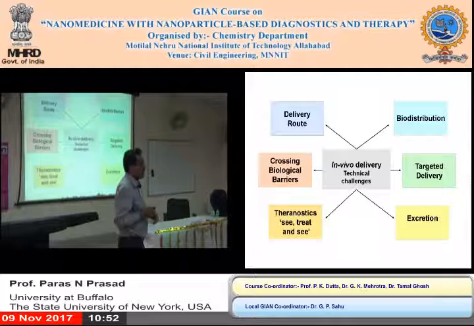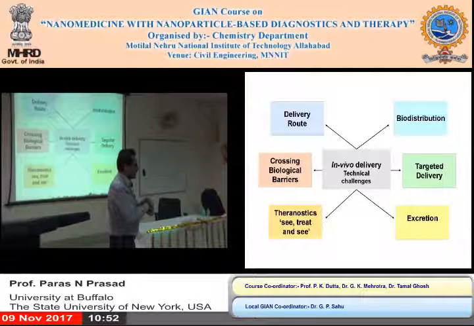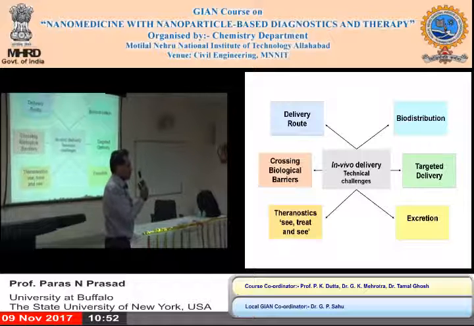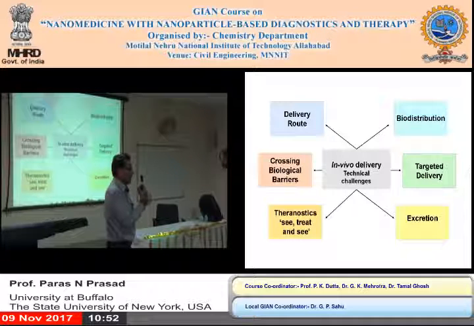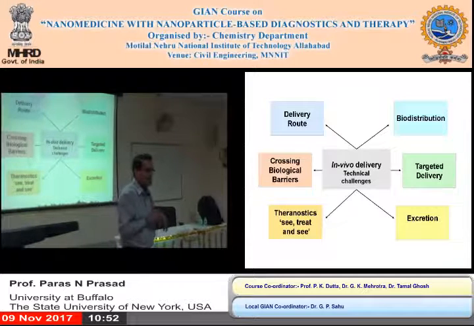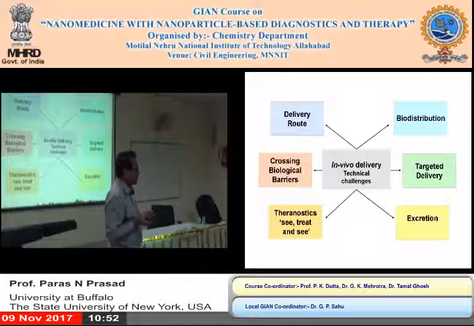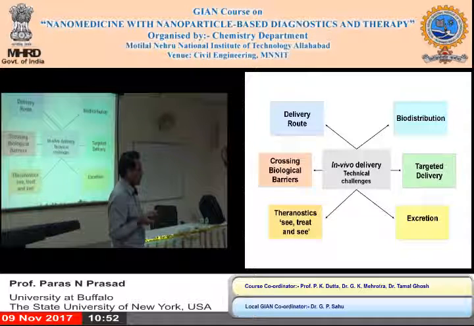Okay, so that's called topical or local delivery, right? What other ones? Through the skin. You can have nanoparticles in patches put on here, and it gets absorbed in the skin, and through the pores it can get in there, right? So that's called transdermal delivery. Is there any other kind?